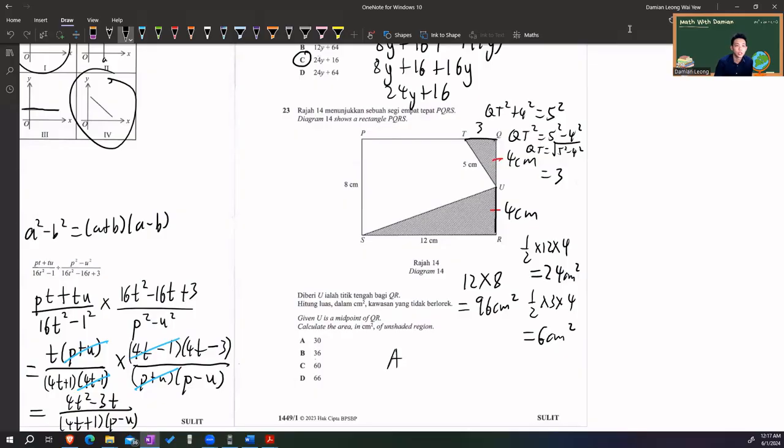Then area unshaded region, luas kawasan yang tidak berlorek ini, kami gunakan luas seluruh segi empat tepat tolak dengan luas kawasan yang berlorek. So minus of the shaded area of shaded regions. So 66. Answer D. Okay.